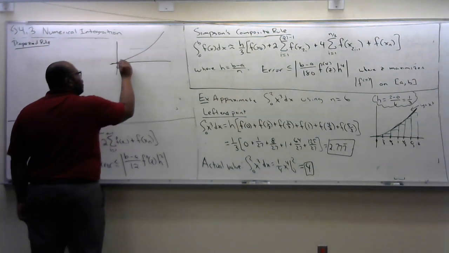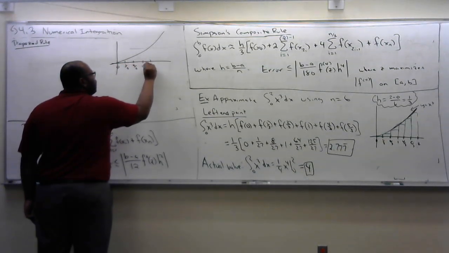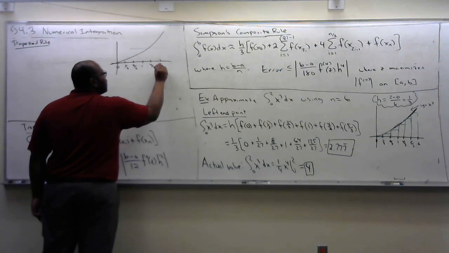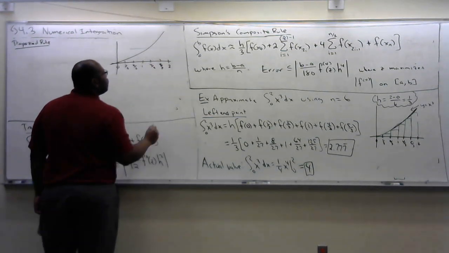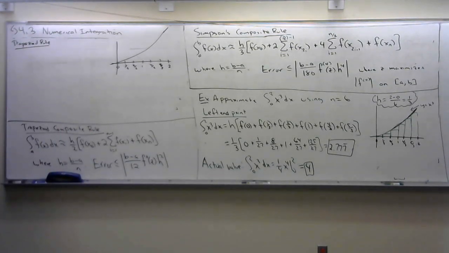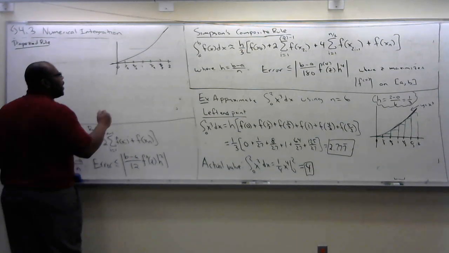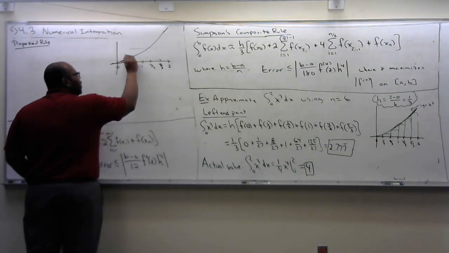Okay, so this is 0, 1/3, 2/3, 1, 4/3, 5/3, and then 2. So we're doing the trapezoid method this time, right? And so essentially we're making these straight line approximations. Let's do this guy.